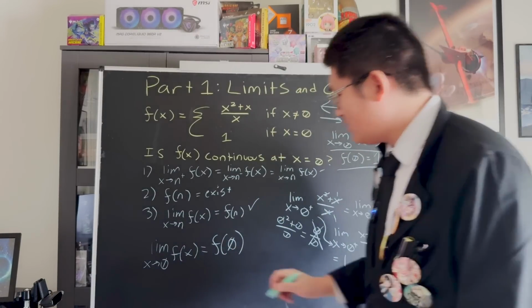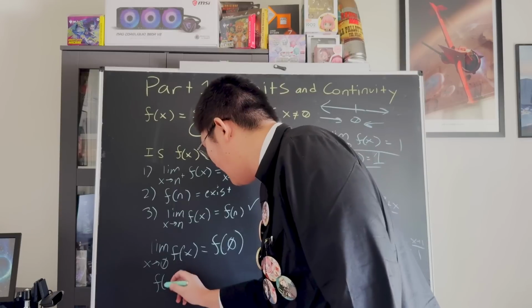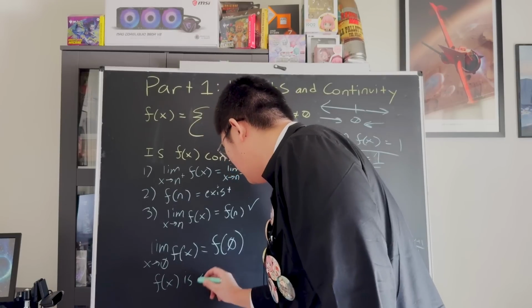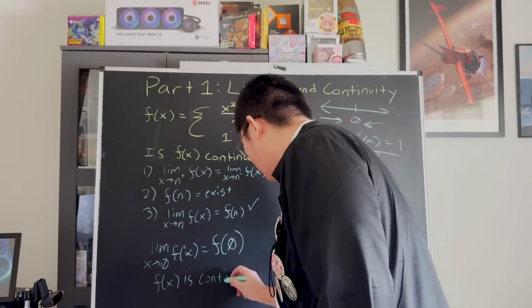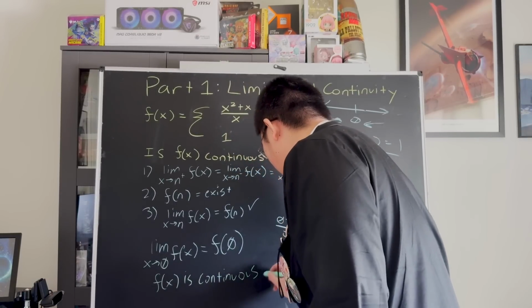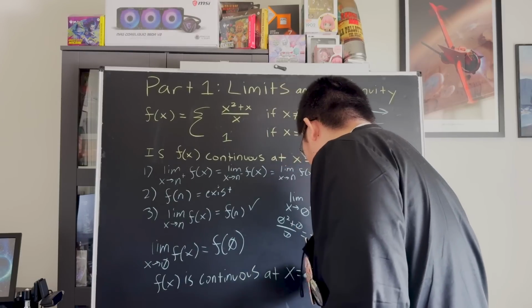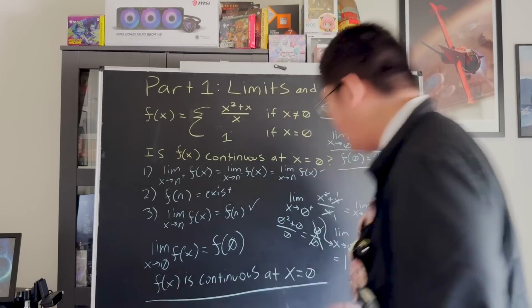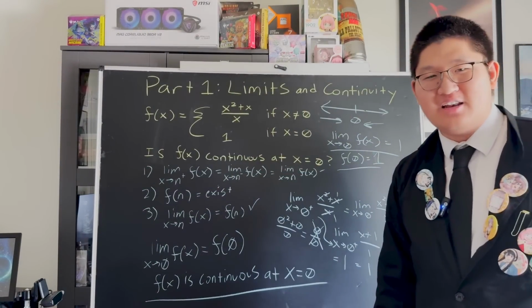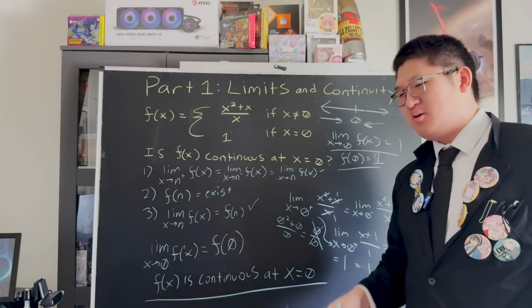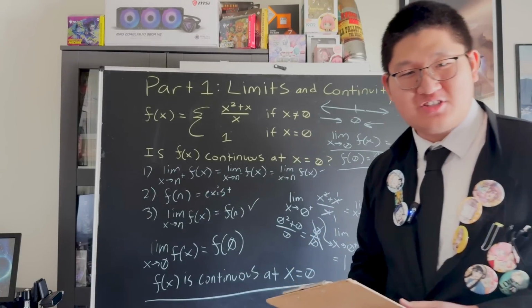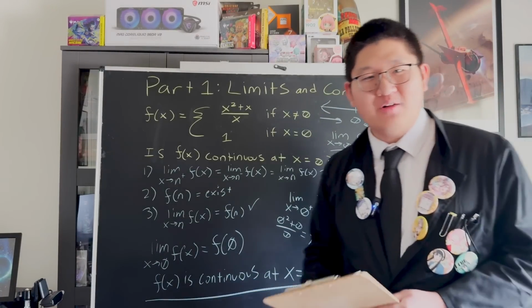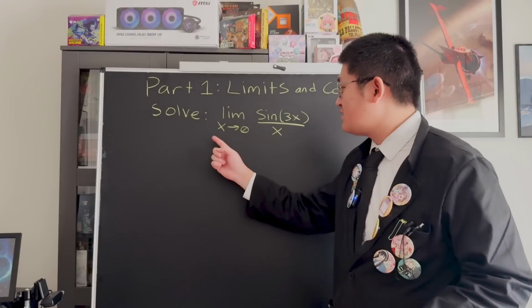And so we can make our conclusion that the function f of x is continuous at x equals 0. And would you look at that, our work here is done. That's pretty good. Well, that actually took a bit of time, but what about something like this?